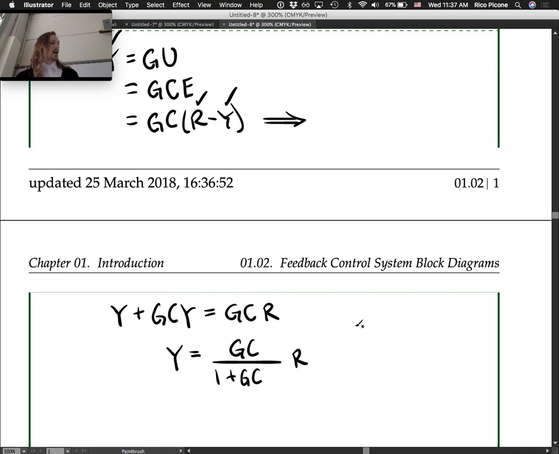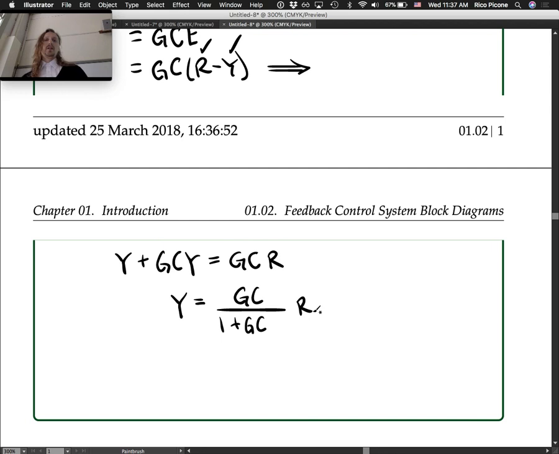Now, if I want to find the transfer function I need to find y over r, right? So divide both sides by r, it's just equal to GC over 1 plus GC.